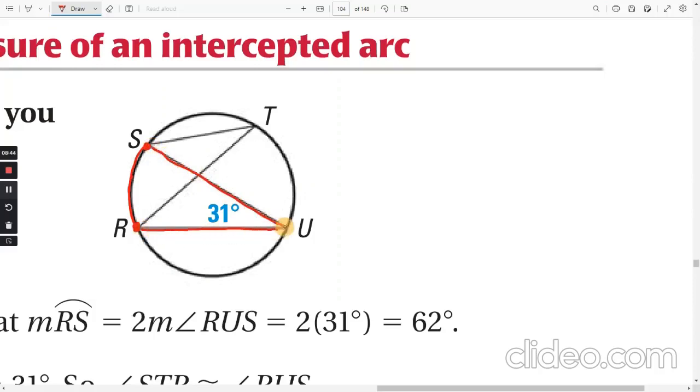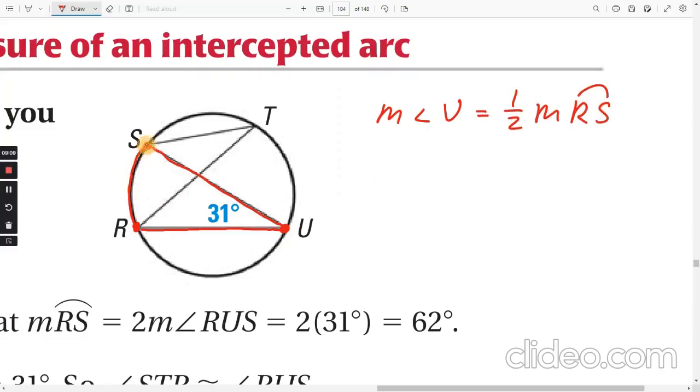That is angle U, because the vertex is at point U. We said the angle is half of the arc, so the measure of angle U is half of the measure of arc RS.